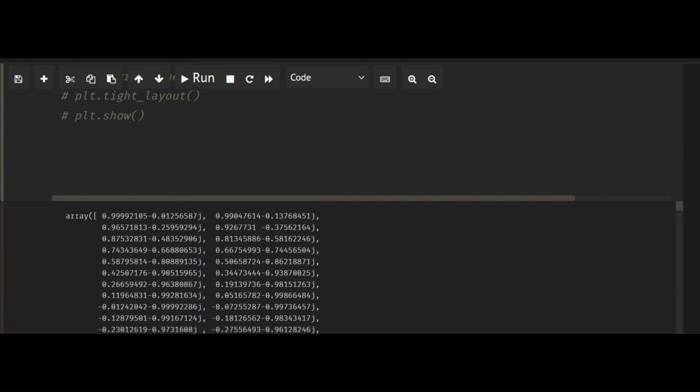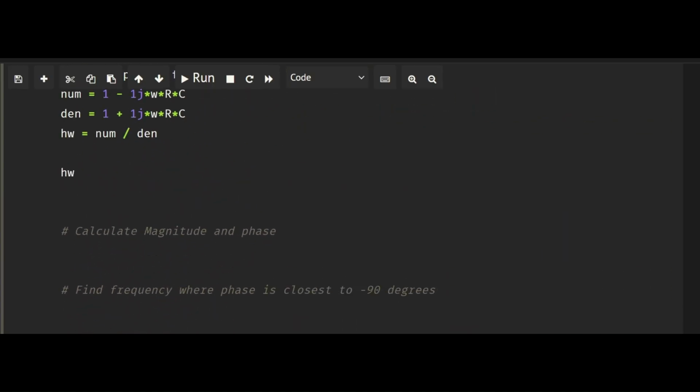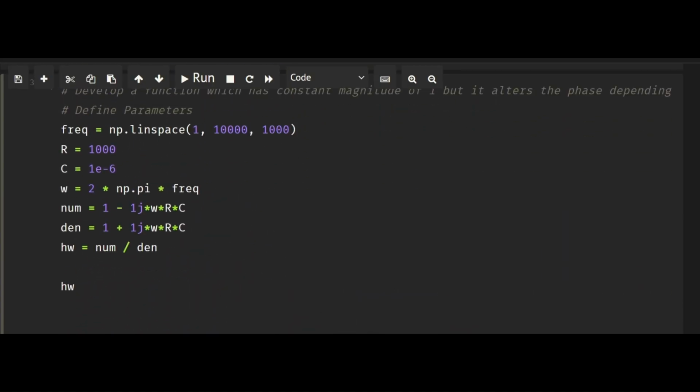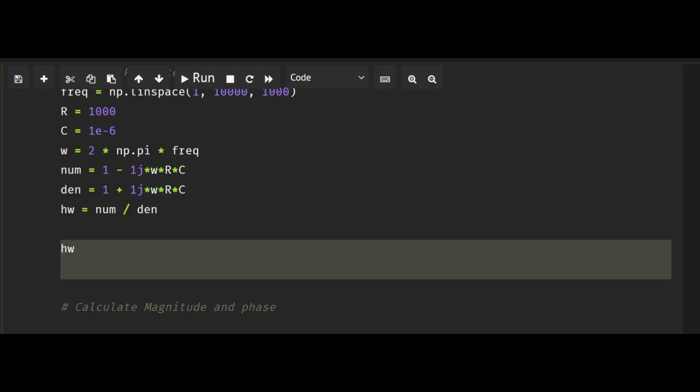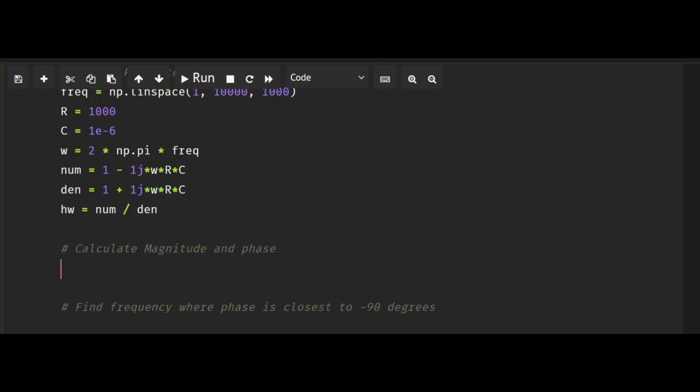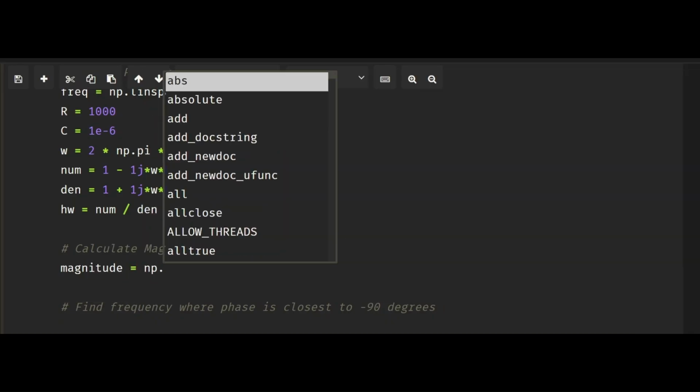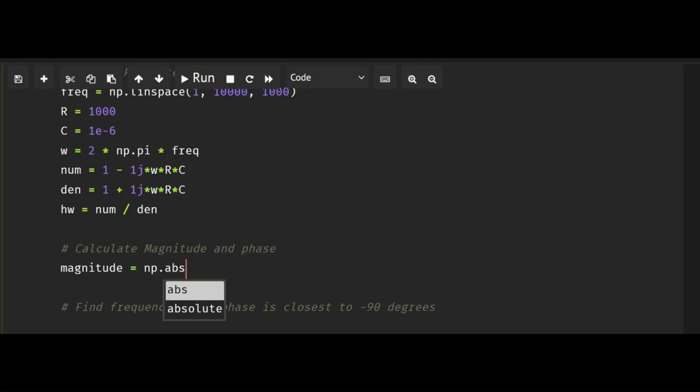So I'll do one thing, I'll calculate the magnitude and phases of this function. So basically what we have done is we have passed all these frequencies through this variable into this function, and we are now trying to see the magnitude and phases. To calculate the magnitude, let's define a variable magnitude, and in NumPy, the magnitude of a complex number is calculated like this. So it's pretty simple.